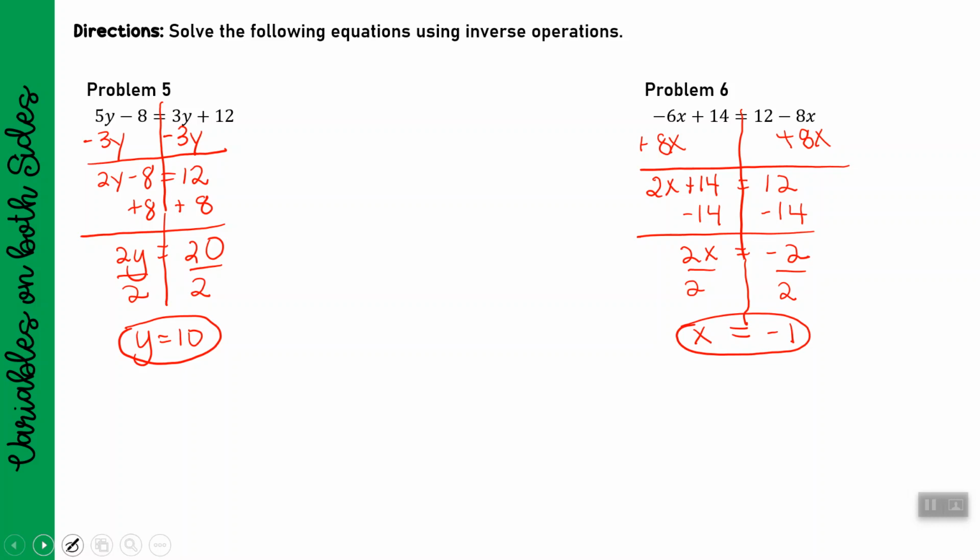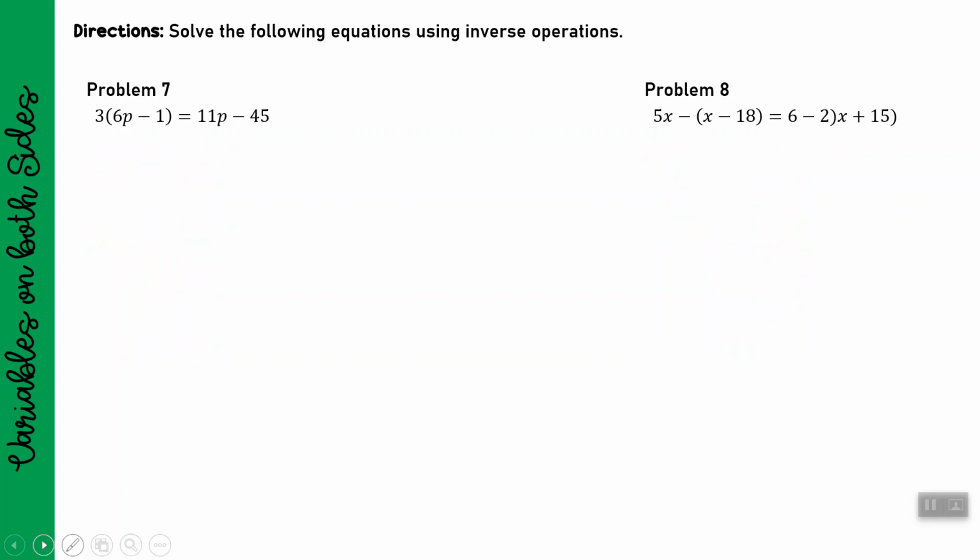Let's look at a couple more examples here. We have variables on both sides again, but we have a little bit of distributive property to do here. So first step, simplify. So let's go ahead and distribute. I'm going to draw my line here down the middle. So 3 times 6, so I get 18p minus 3 times 1 is 3 equals 11p minus 45.